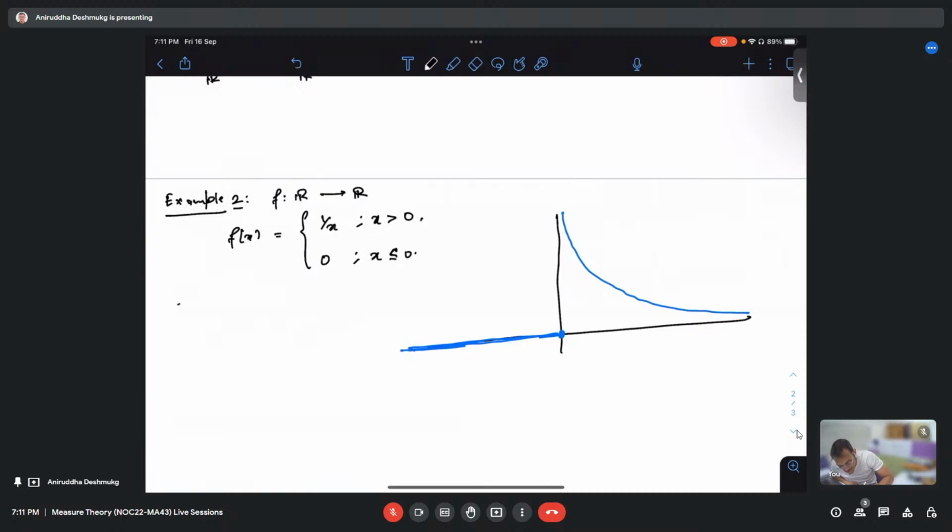So f is Borel measurable, or in our sense it is measurable because the pre-image of Borel sets is Borel, so in particular it is Lebesgue measurable as well.